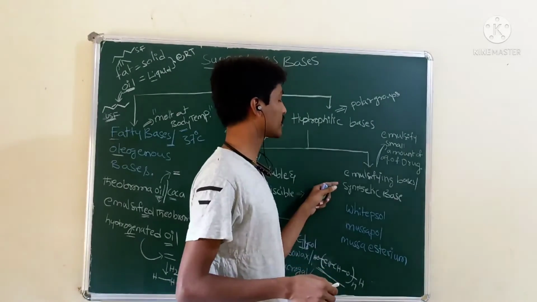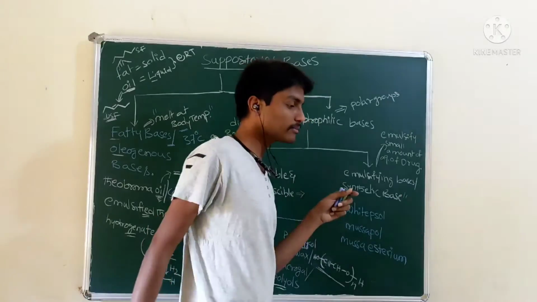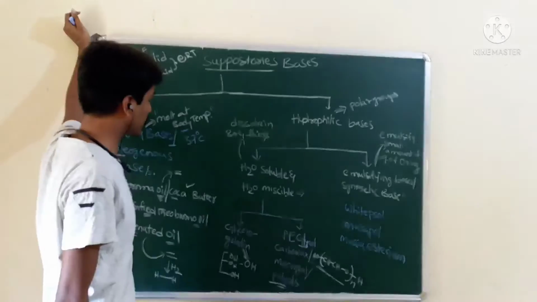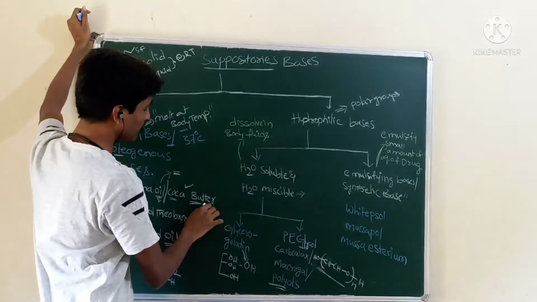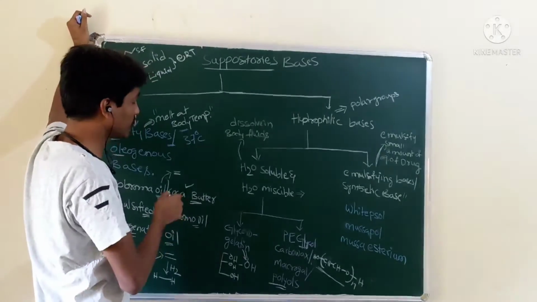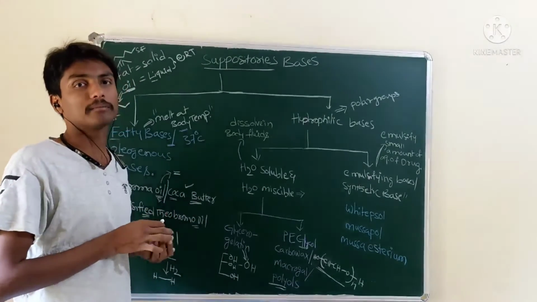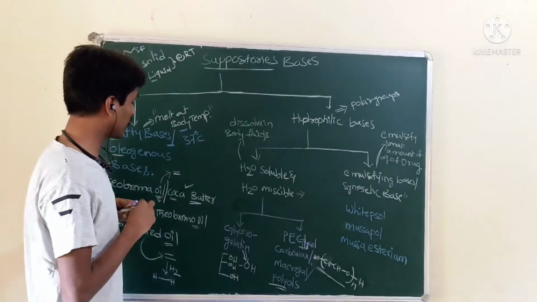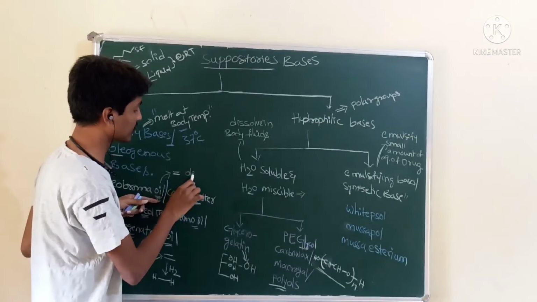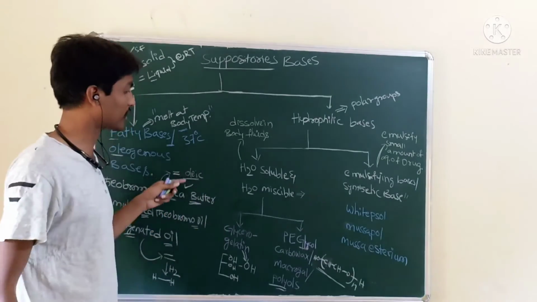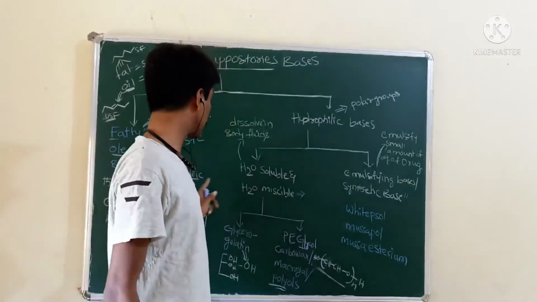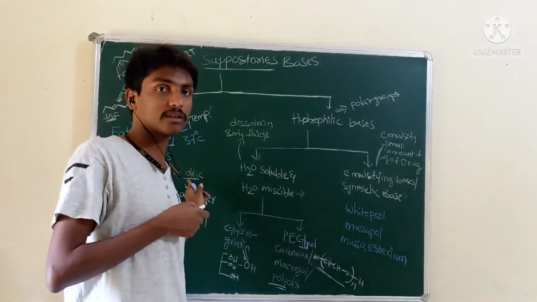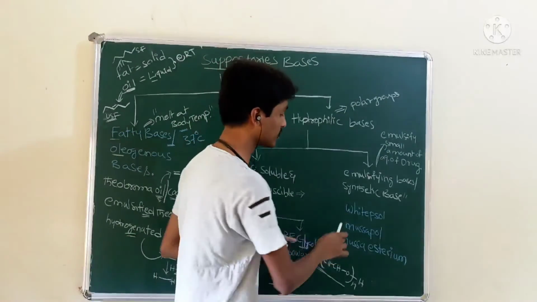Next one is emulsifying bases or synthetic bases. Theobroma, that is cocoa butter, exhibits the polymorphism phenomenon and creates some problems. So I need to avoid those problems by replacing the unsaturated fatty acid, oleic acid, present in cocoa butter with saturated fatty acid.